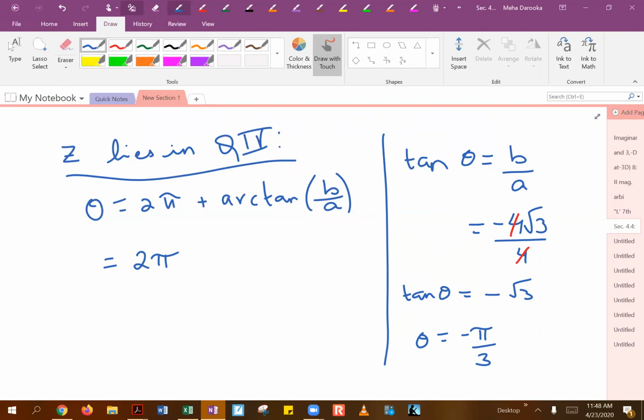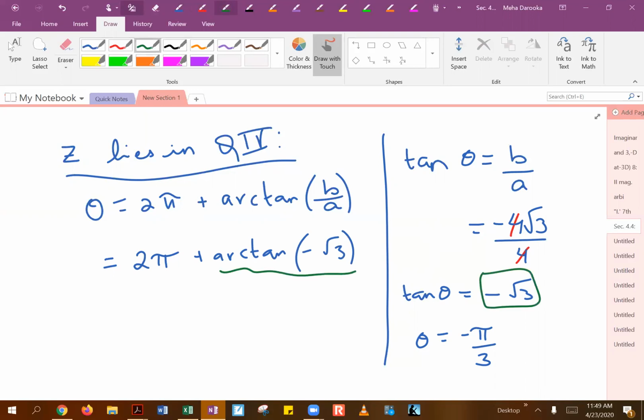for arc tangent of b over a, what would you plug in there? Arctangent, because here you're talking about arc tangent of negative square root of 3, right? Because b over a simplified into negative square root of 3.